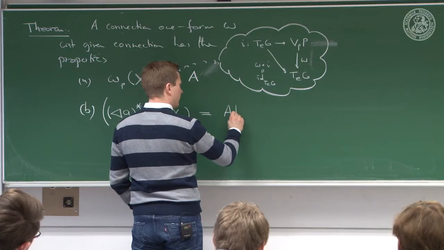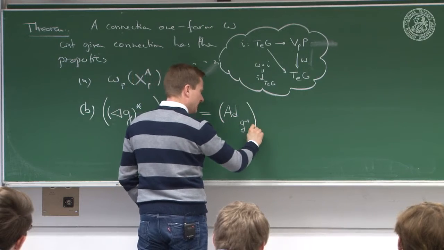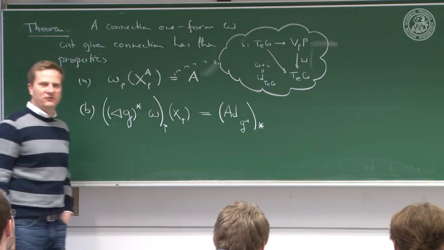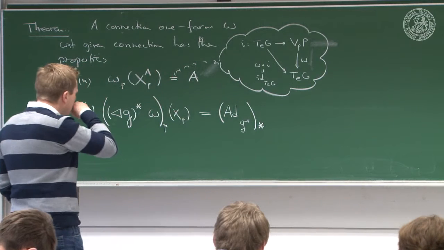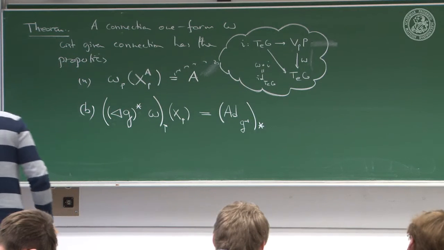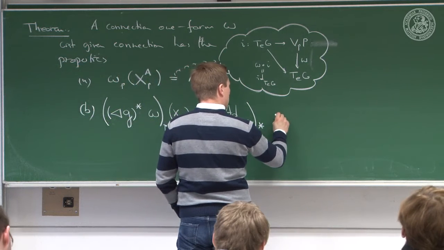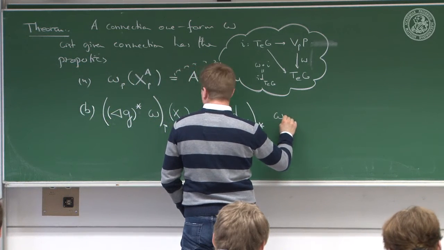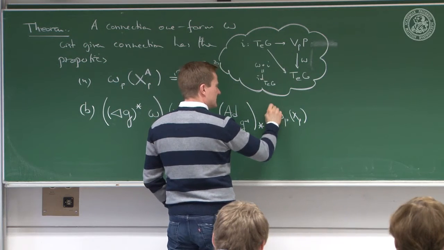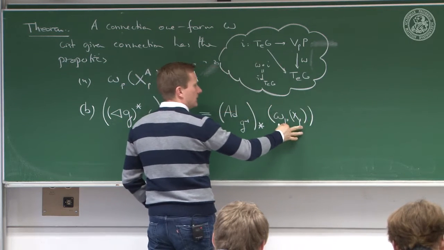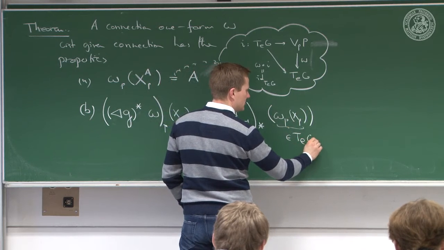It's the push forward of the adjoint of the inverse G. Now it's the push forward because it acts on the omega at P of X_P, which is a Lie algebra element, so this lies in T_eG.